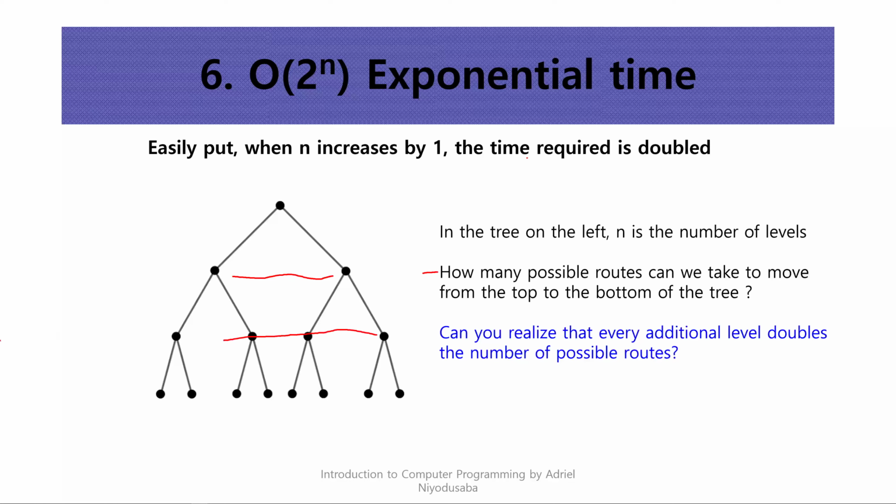And interestingly, if n becomes 3, the number of routes we can take all of a sudden becomes what? 8. Because I can come all this way 1, 2, 3, 4, and it's the same on the left side. So you realize that as n increases by 1, the number of routes required is doubling.